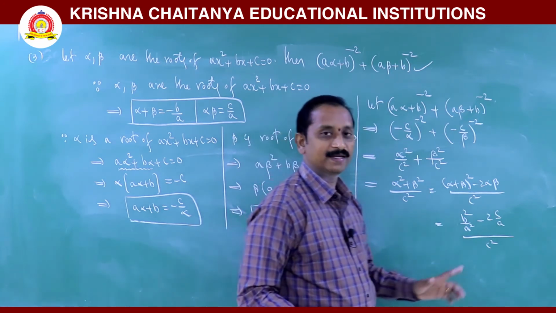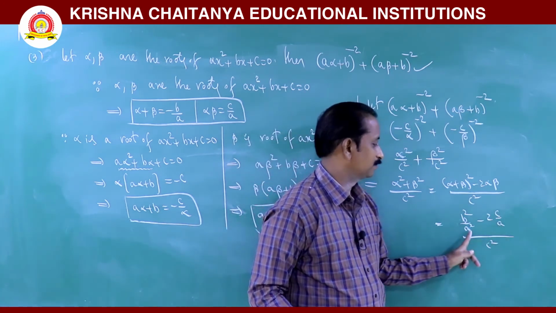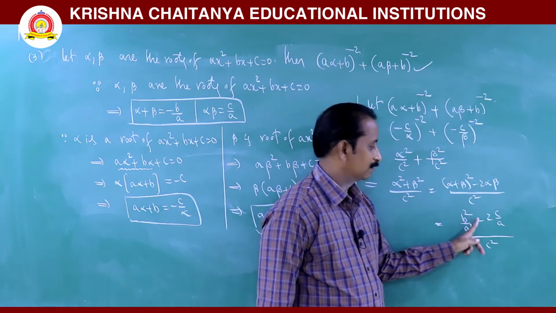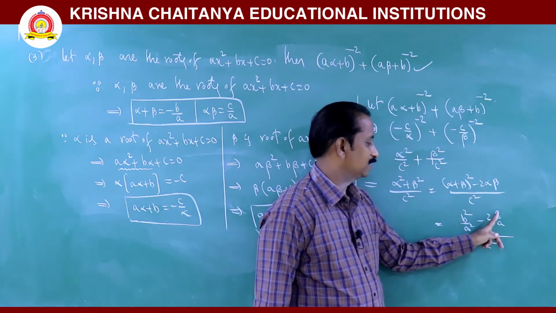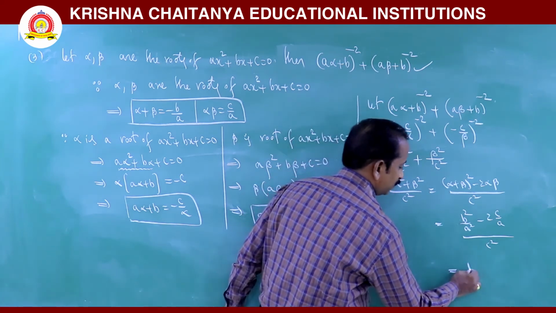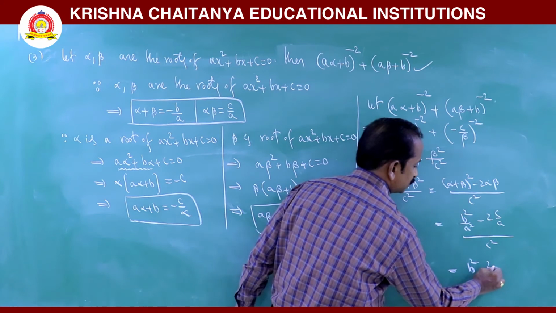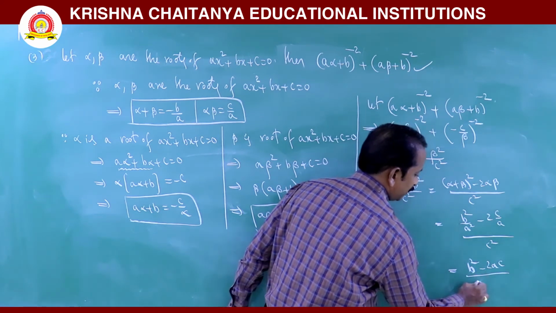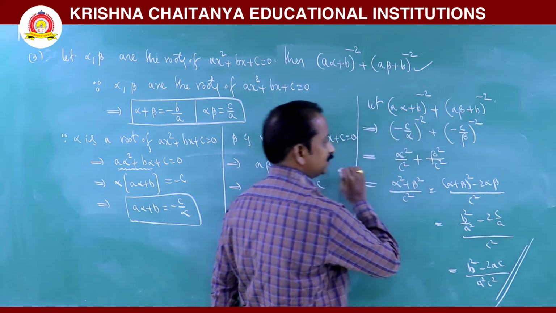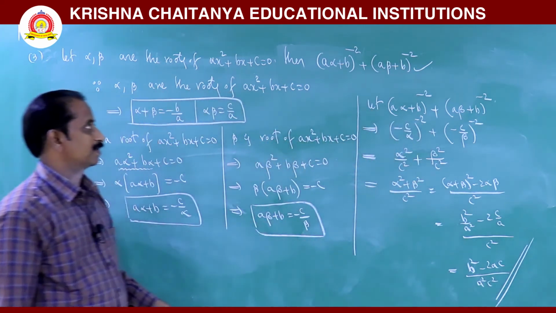For the numerator, the LCM should be a square. After LCM it becomes b square minus 2ac divided by c square. So the conclusion of the problem is b square minus 2ac divided by a square into c square. This is the solution of the problem.